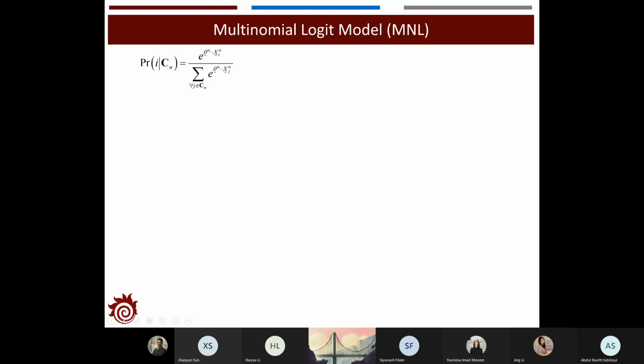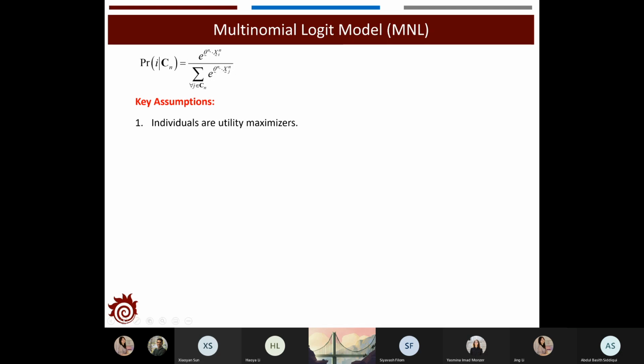In order to do calibration, let's sort out all the assumptions we made for the multinomial logit model and the potential issues we have to further discuss. So first, for the key assumptions, we assume that each individual will try to choose the mode which has the highest utility.